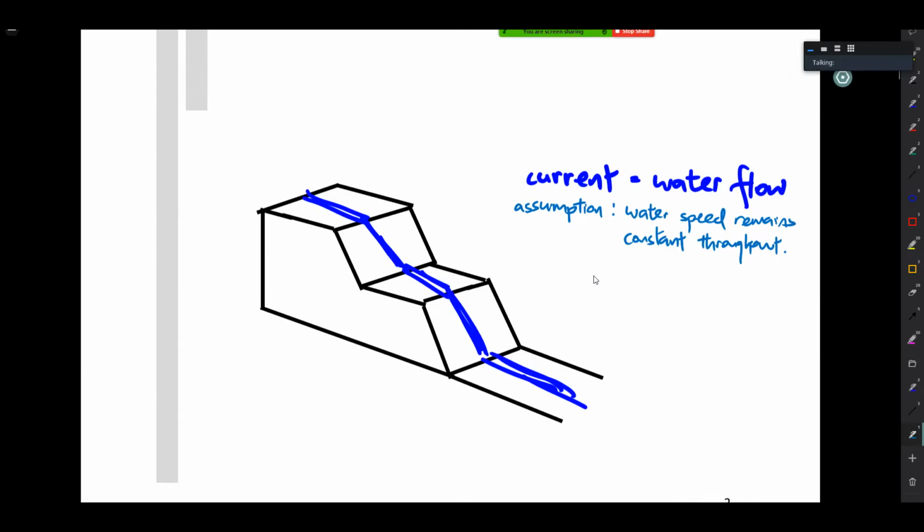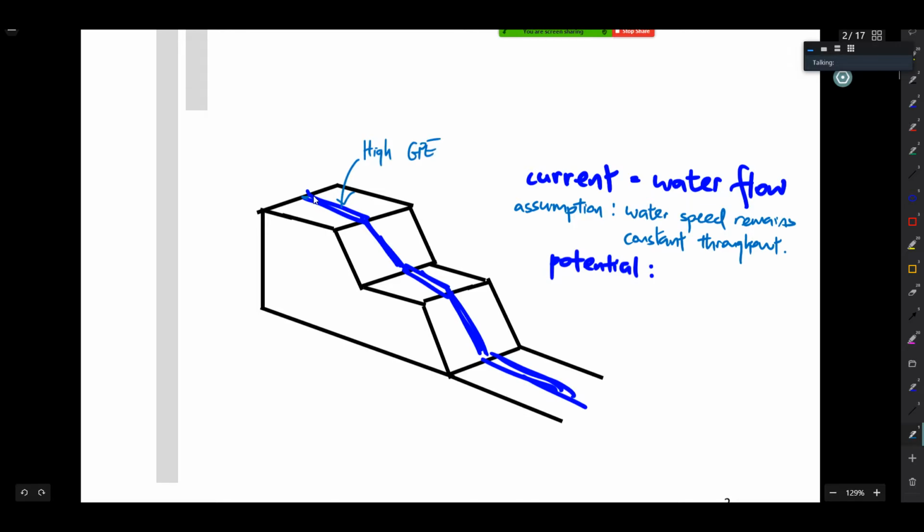So the next thing we will learn is potential. I don't think this word potential is very new to you all. If you recall, we just learned it recently. Potential is quite similar to the idea of gravitational potential energy, and we'll look at it in terms of that. Over here, this portion of water has high GPE.